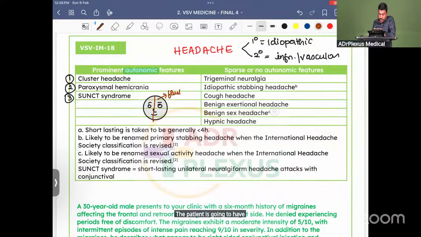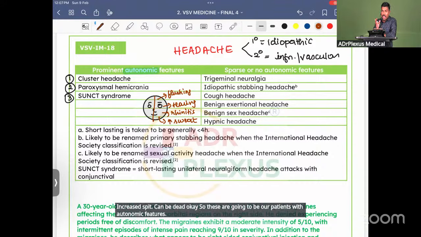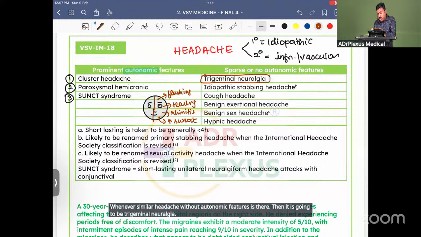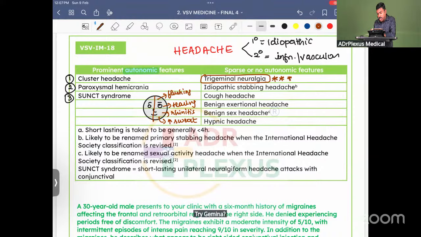Flushing, tearing, rhinitis, and increased sweating can be there. So these are our patients with autonomic features. Whenever a similar headache occurs without autonomic features, it is going to be trigeminal neuralgia.